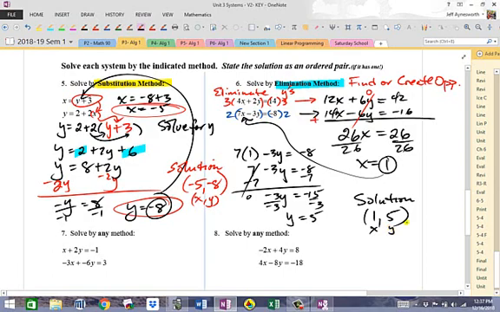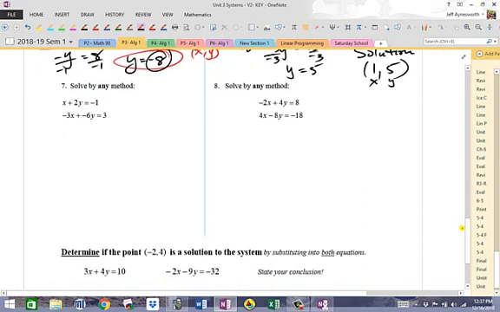Okay? That's the elimination method. All right, now on these, you can pick any method you want, but keep this in mind, they're in standard form. And equations which are in standard form are set up for the elimination method. So I'm going to use the elimination method on both of these because they're both in standard form. It's much easier. So what I'll do here is just create opposites. So I'm going to multiply this one by 3, and we'll get a new equation here.